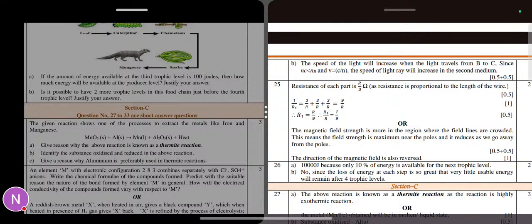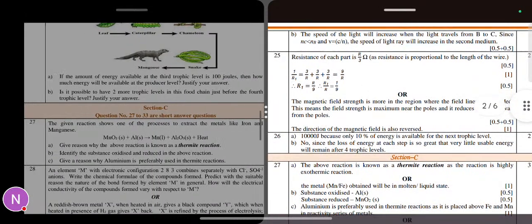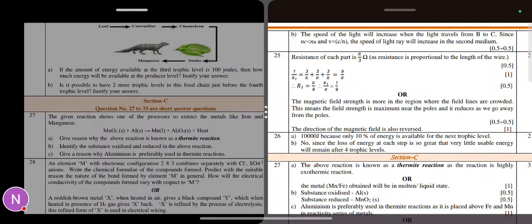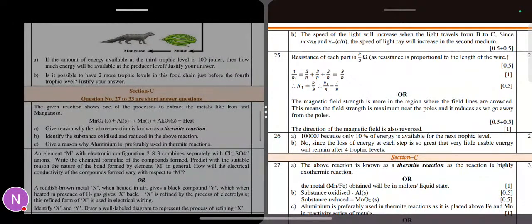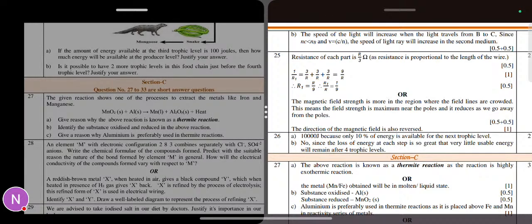Then A question they have asked: give reason why the above reaction is known as a thermite reaction. So the above reaction is known as thermite reaction as the reaction is highly exothermic, or you can also say that the metal Mn or Fe obtained will be in molten or liquid state.